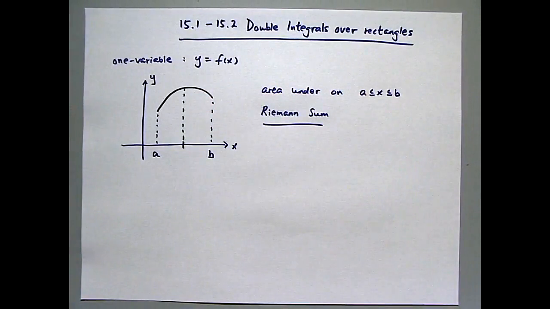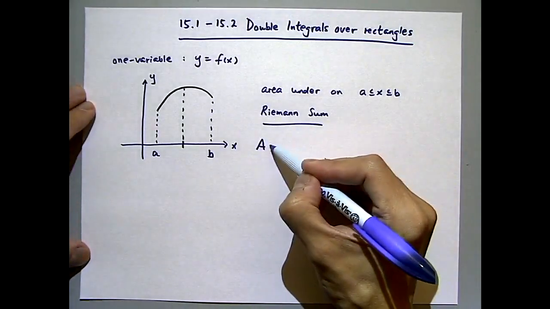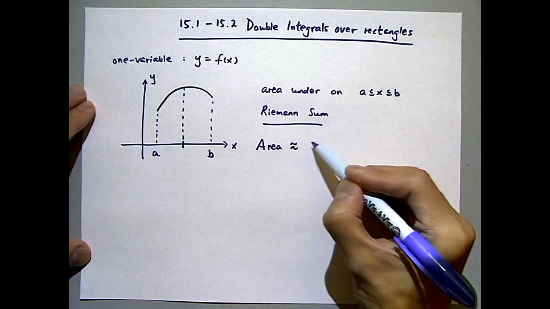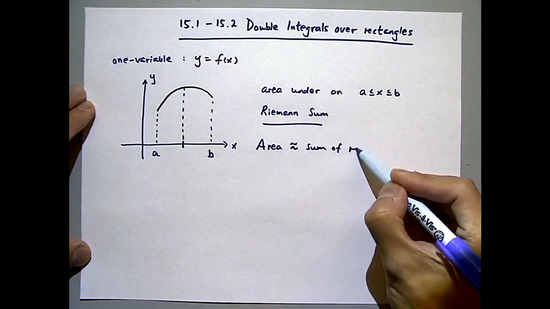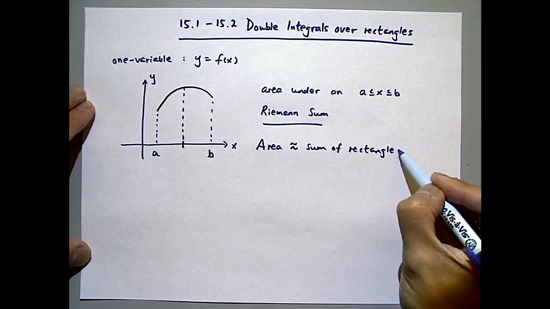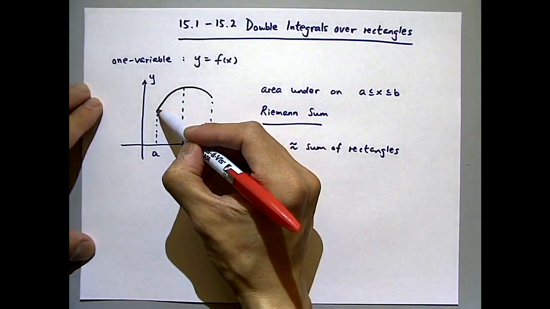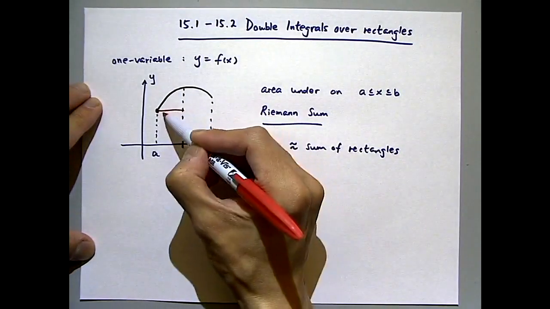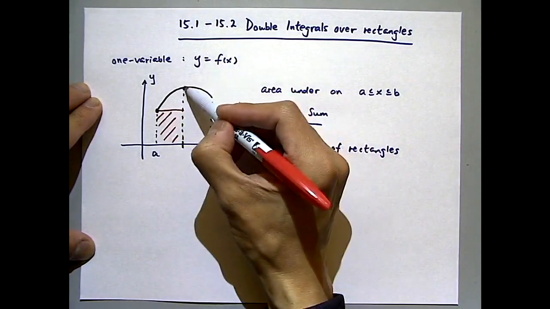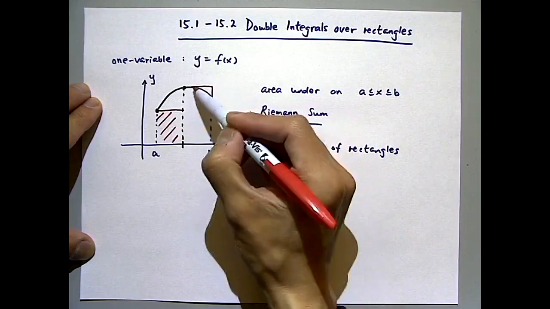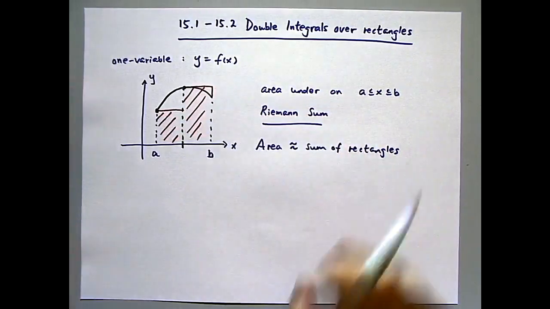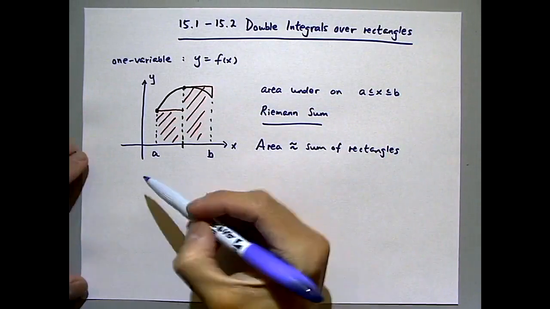Then using the Riemann sum, we estimate the area underneath. So the area is roughly equal to the sum of the rectangles. And you remember that we had choices of our sample points. We could, for example, use the left end points of each subinterval as our sample point. Or we could have used the right end point.